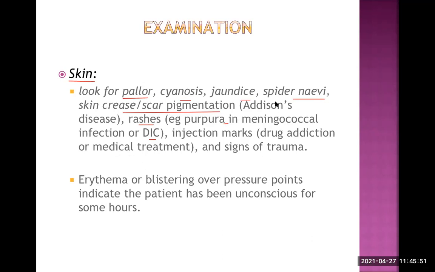Now, what is the connection of jaundice and coma? Jaundice and coma. Sir, hepatic encephalopathy, cirrhosis. Hepatic encephalopathy, excellent. It's a connection with cirrhosis of the liver, or not always cirrhosis. Any severe type of liver disease or damage can result in coma.